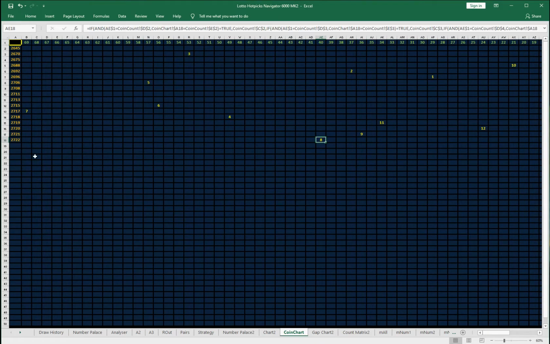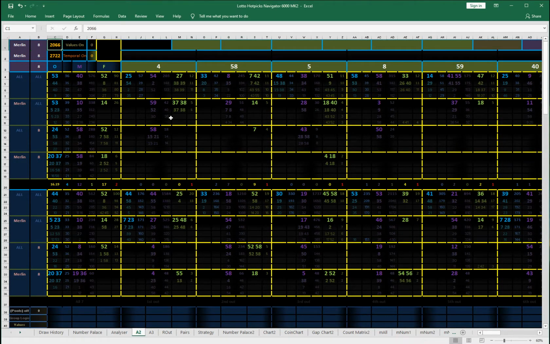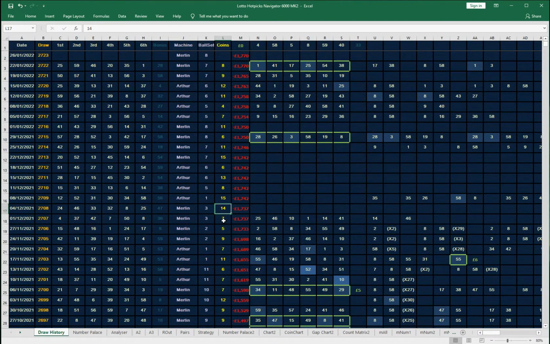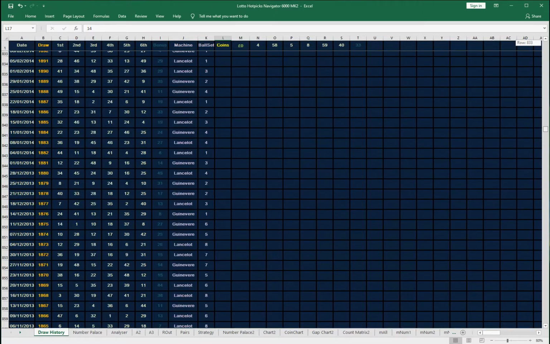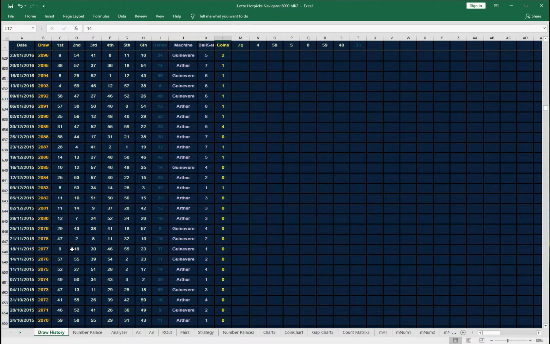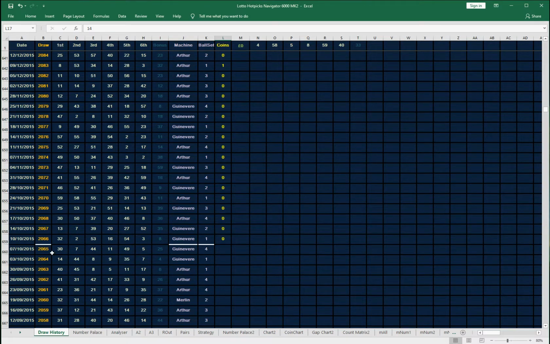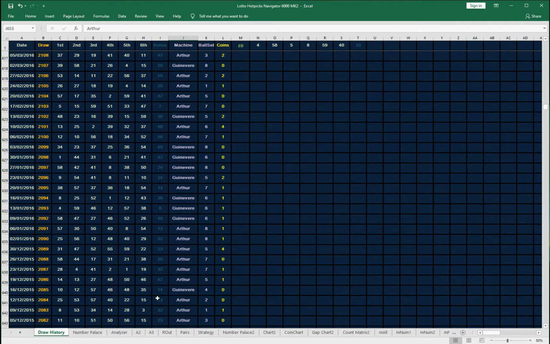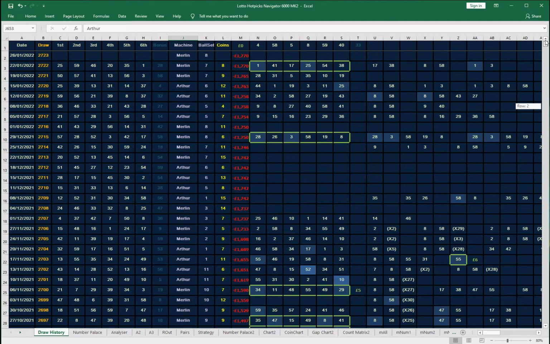That's the 40th time that there's been 8 coincidences, and that is since draw 2066, which is when the numbers increased from 49 up to 59. And so the game changed when that happened.